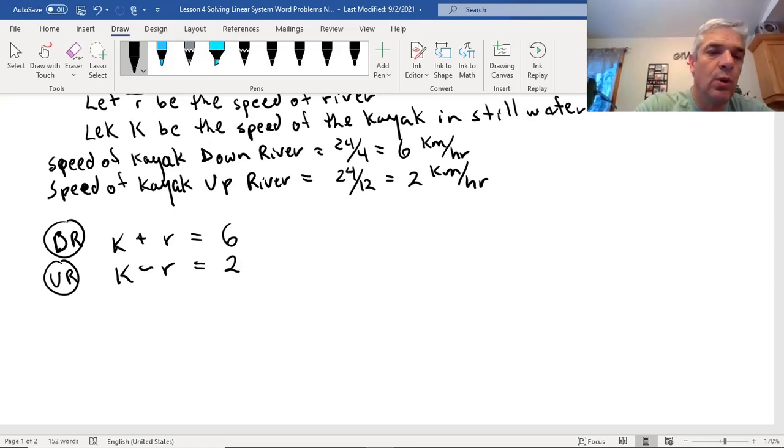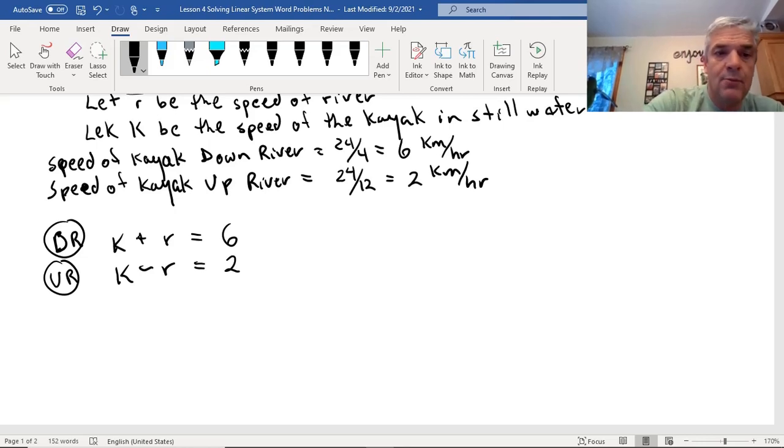And now you'll see this lovely set of equations that I can solve. I have the speed of the kayak in still water, plus the speed of the river, gives me my downriver speed. And then I have the speed of the kayak less the speed of the river gives me my upriver speed.